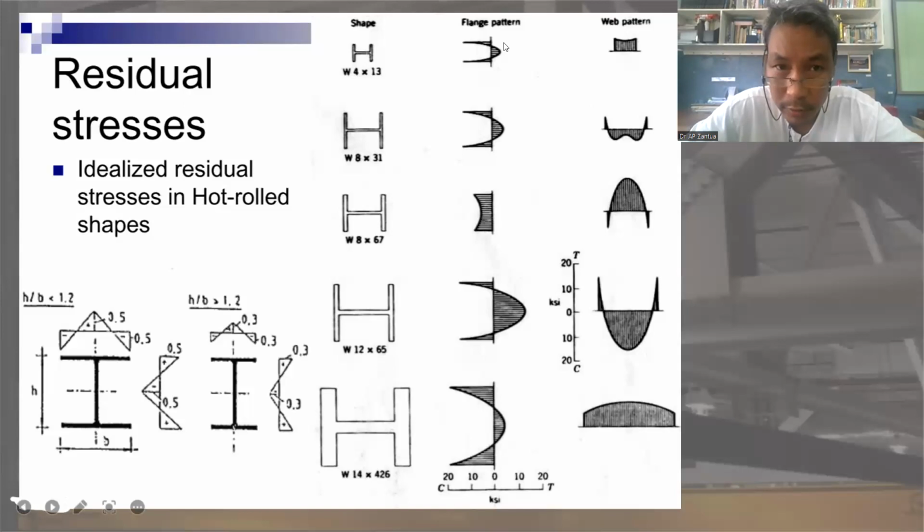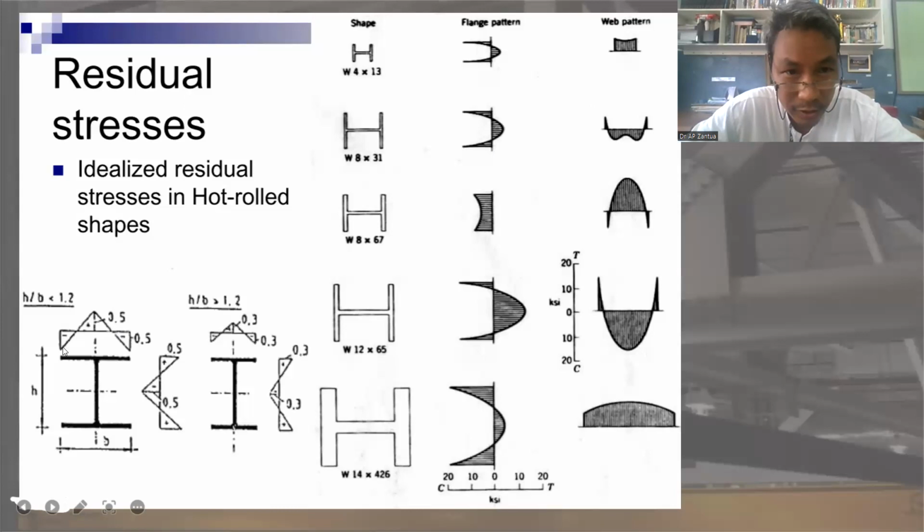So, due to hot rolling, there are stresses like this. Look at the web. This is supposed to be like this.